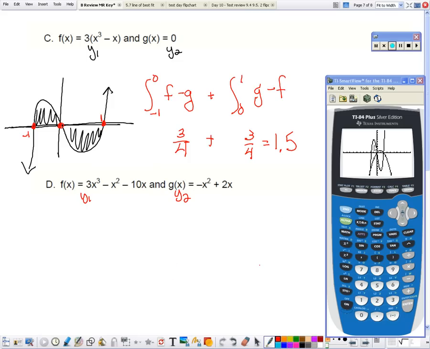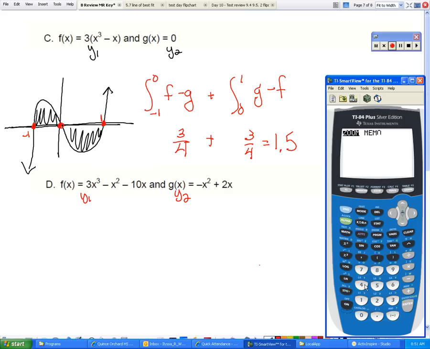And I notice I'm going to have two separate sections again here. Let's see if we can make a better window. Can't quite see enough down here on the left, so I'm going to change my y minimum to -6. Okay, so I get a good enough idea to draw my picture.